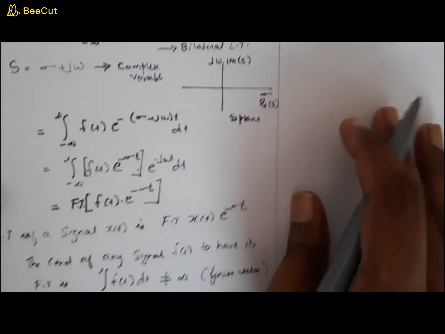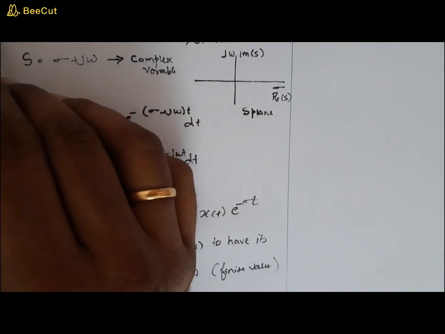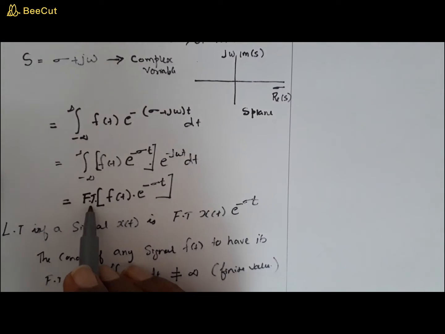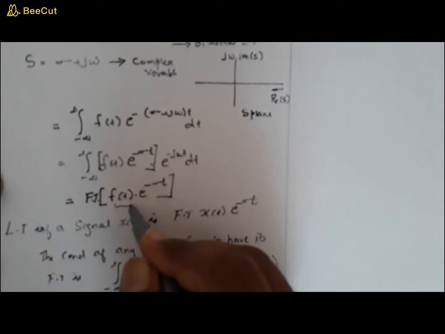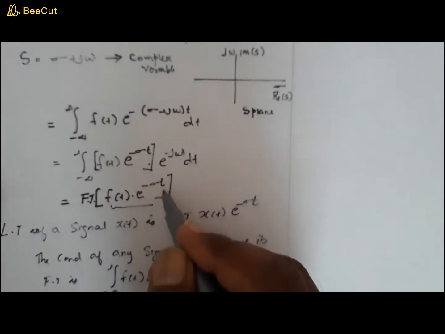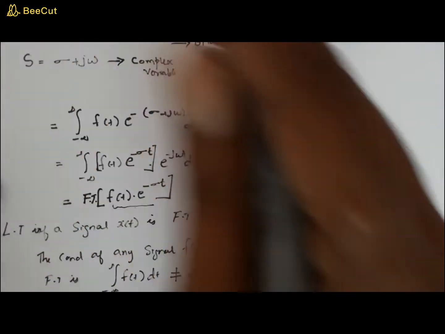So from this discussion we can arrive at the condition for a signal to have this Laplace transform. The Laplace transform of a function f of t is nothing but the Fourier transform of f of t multiplied by e raised to minus sigma t. We know that in order to have the Fourier transform, this signal has to be integrable. So this is the condition for a signal to have a Laplace transform.